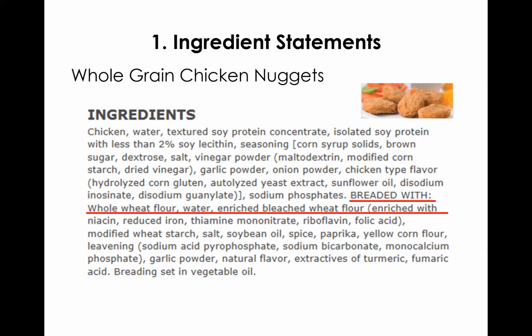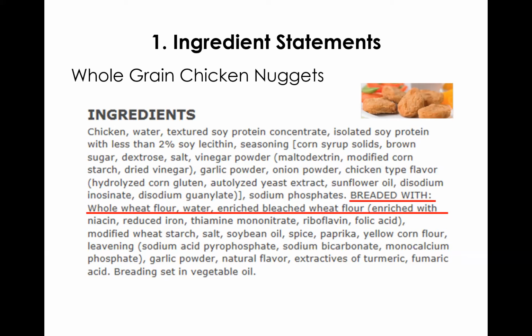The question came up in the chat about a student who has to follow a gluten-free diet. Well, I need to look at that label to ensure that there aren't any grain products on it that the student can't have. If I'm looking at this whole grain chicken nugget, right away I see that this product contains whole wheat flour, and I would know that it would not be appropriate for my gluten-free student.